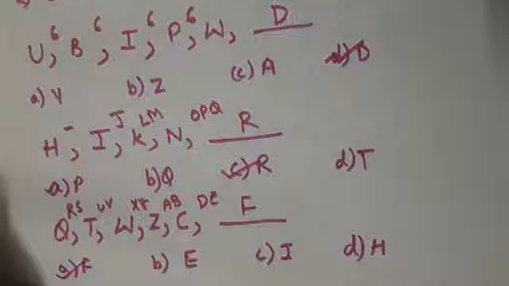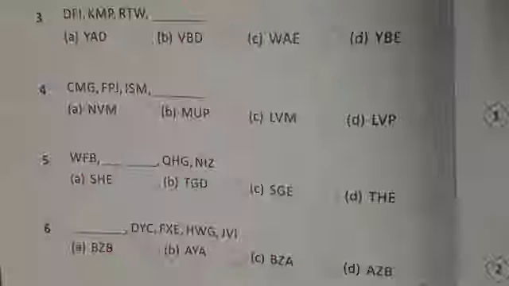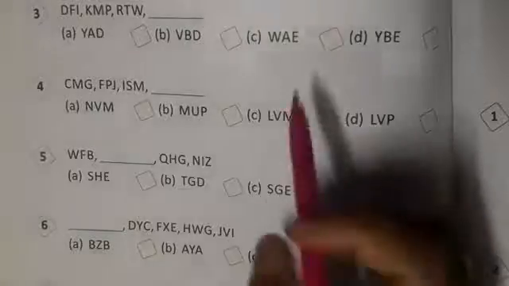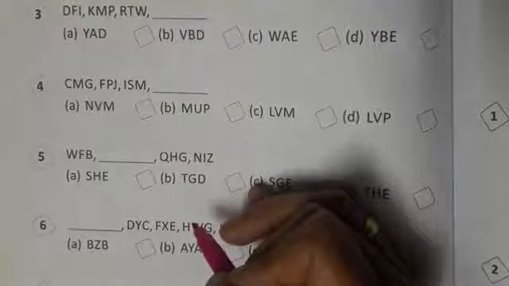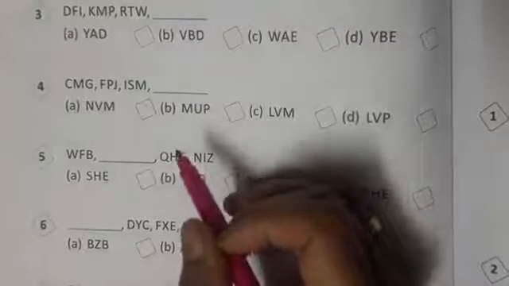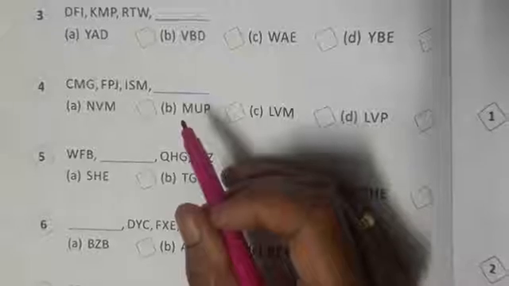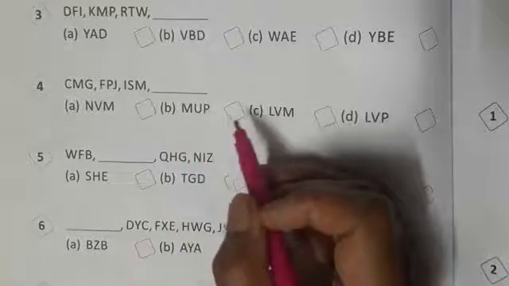I hope you understood. Now let me assign you the homework for today's part. These 4 parts will be your homework: 3rd, 4th, 5th and 6th. These are the parts you have to do in homework. Again you have to find the series from all these words.